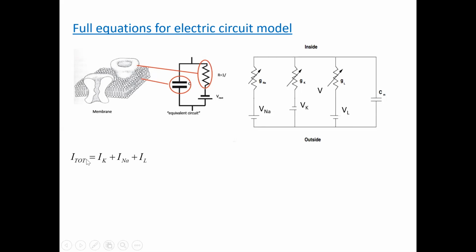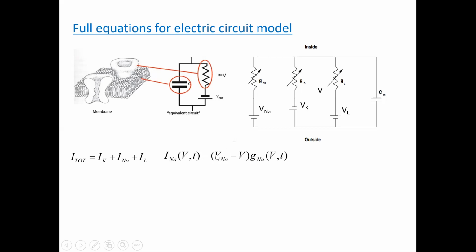So quantitatively, our total current will be our potassium plus our sodium plus our leak current. And each of these can be written as a function of the membrane potential and time, and is equal to the difference between the Nernst potential and the membrane potential. Because remember, if the Nernst potential is equal to the membrane potential, no current of that ion will flow. That ion has competing tendencies which are satisfied by a membrane potential equal to its Nernst potential.